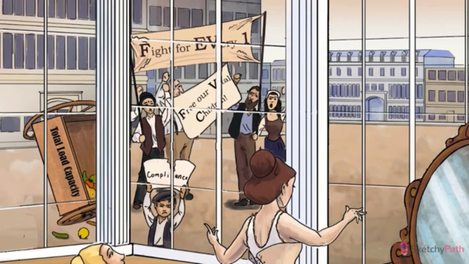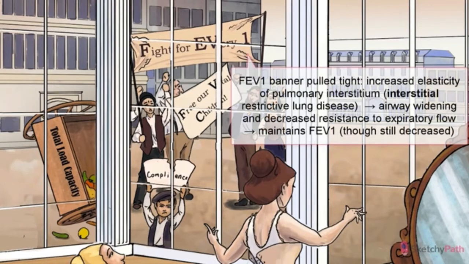This increases radial traction, pulling outward on the sides of the airway in all directions. So, just like the traction on this banner pulls it open, a restrictive lung pulls those airways open. This actually decreases the resistance to expiratory flow, and the patient is able to get more out in 1 second than you'd expect with those small fibrotic lungs.